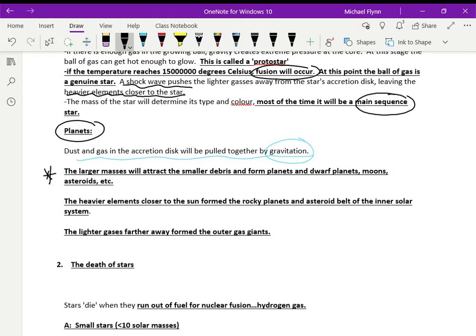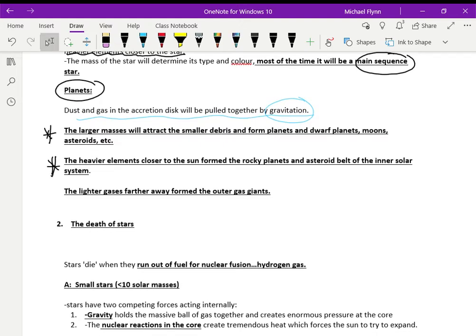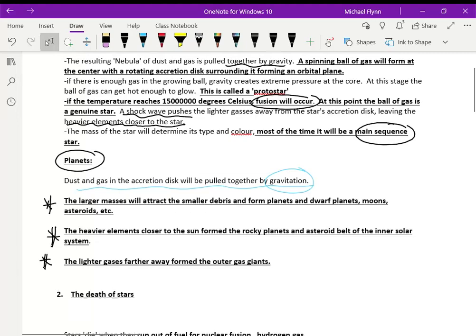Heavier elements closer to the sun form the rocky planets that we see. We think that would be quite common in other solar systems out there. And the lighter elements, which ultimately form the gas giants, ended up being pushed out further into the outer solar system. All right, so that's how planets are formed, and that's how stars are formed.